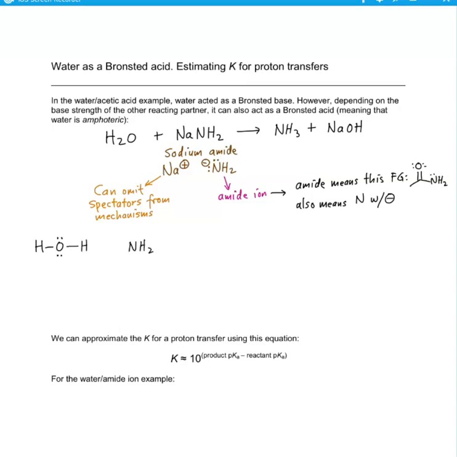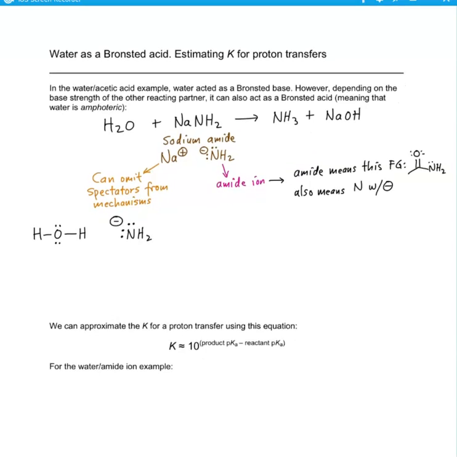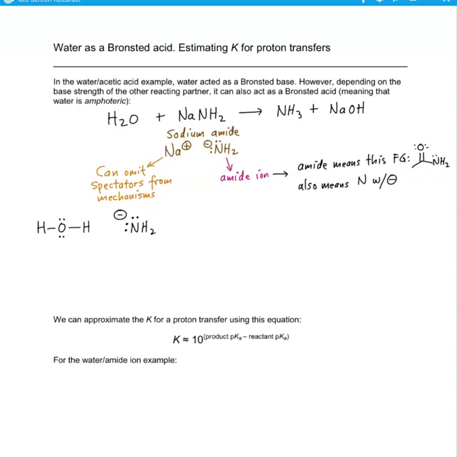and here's the amide ion. Remember, the sodium is floating around in there, the sodium plus, not worried about it. In this example, water is acting as the acid. So it's going to donate one of those two protons to the amide ion, which is the base.